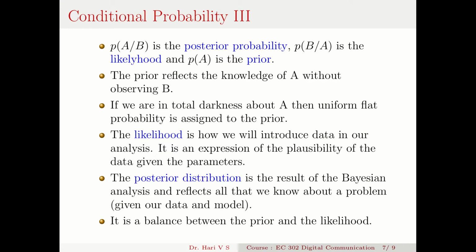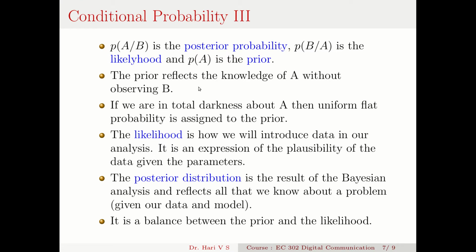After what? After observing B, after observing the corrupted copy. So P(A|B) will be a modified version of P(A) after the observation of B. P(A|B) is the posterior probability, P(B|A) is the likelihood function, and P(A) is the prior.